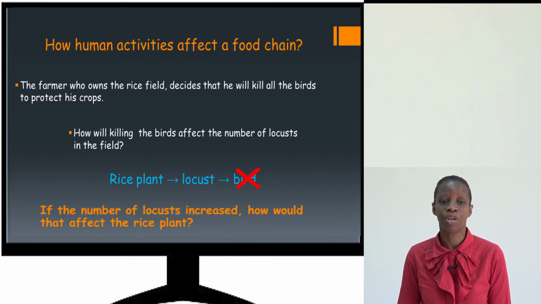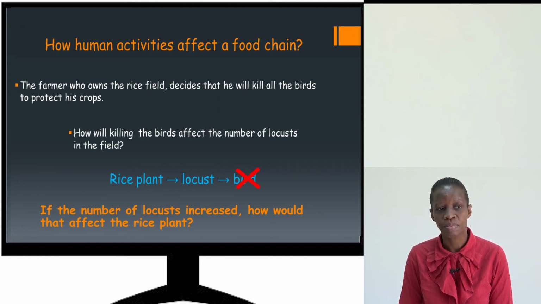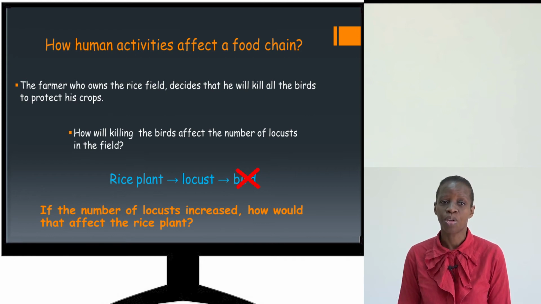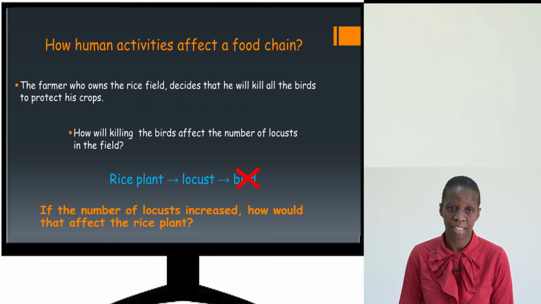But if the number of locusts increased, how would that affect the rice plants? Yes, more locusts would feed on the rice plant. So, although the farmer has taken the bird out of that food chain, he will still have more problems because swarms of locusts can actually destroy a rice field with these plants, all right?